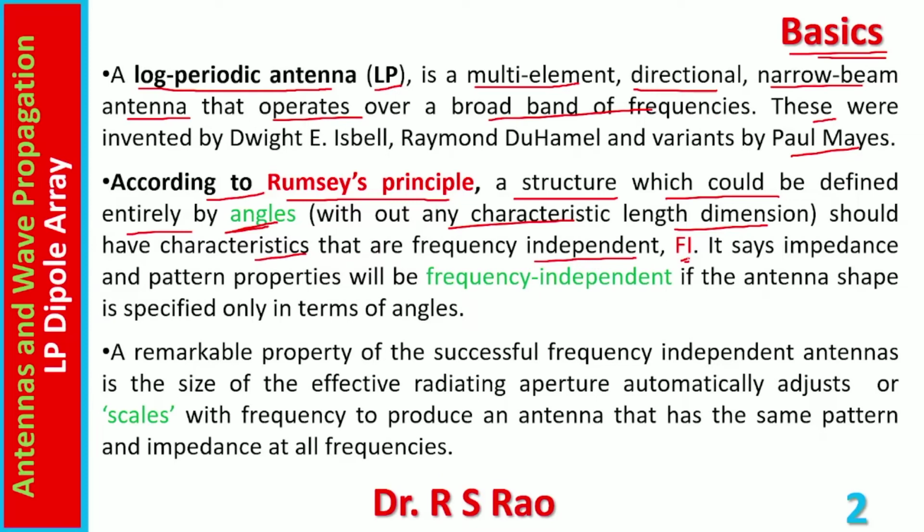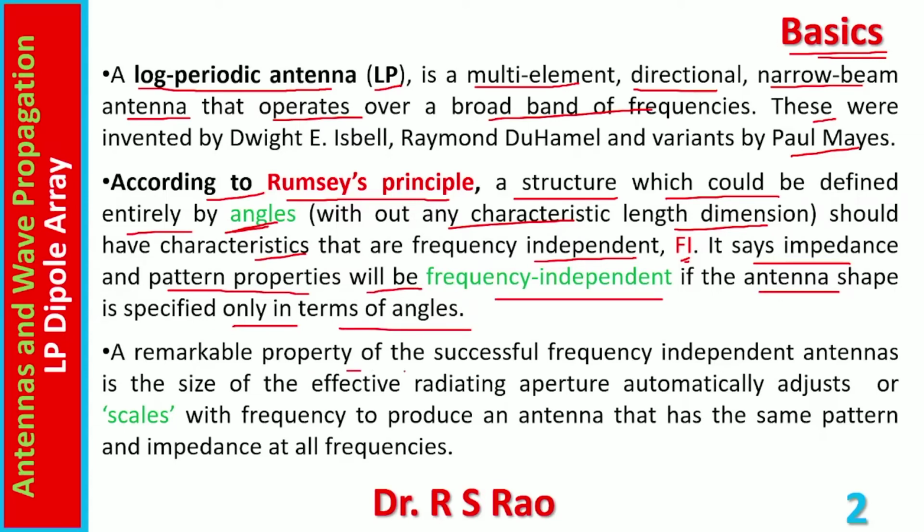In short, if the structure is specified entirely by angles, the antenna exhibits frequency independent characteristics. It says impedance and pattern properties will be frequency independent if the antenna shape is specified only in terms of angles. This is Rumsey's principle.